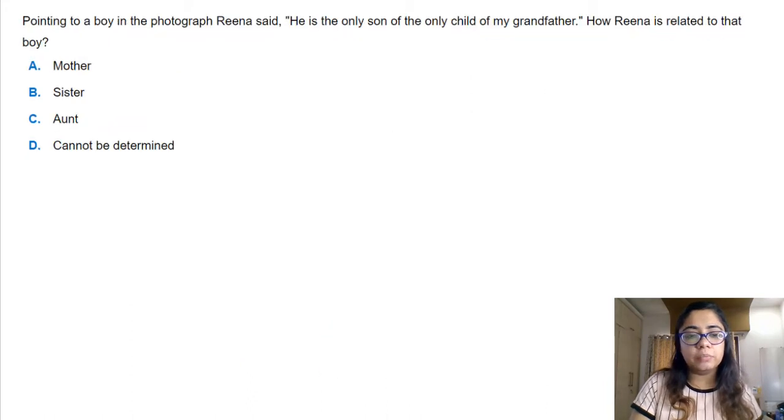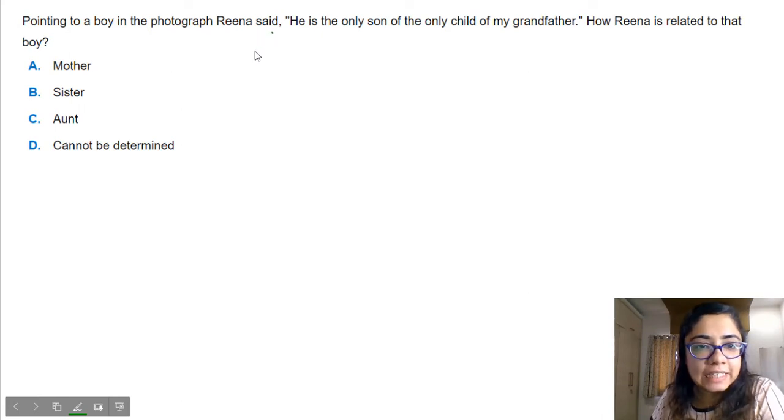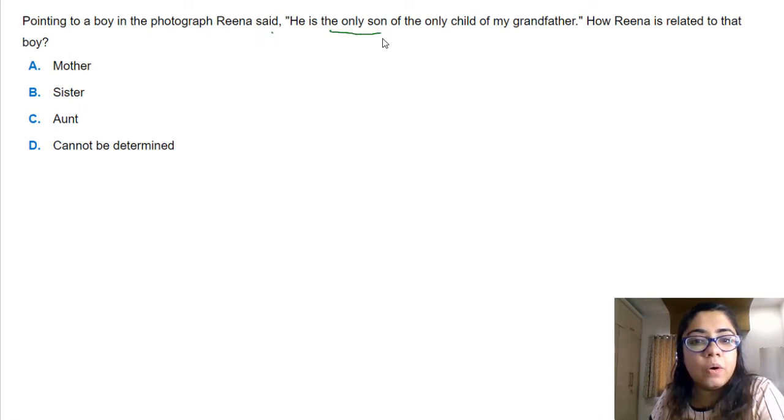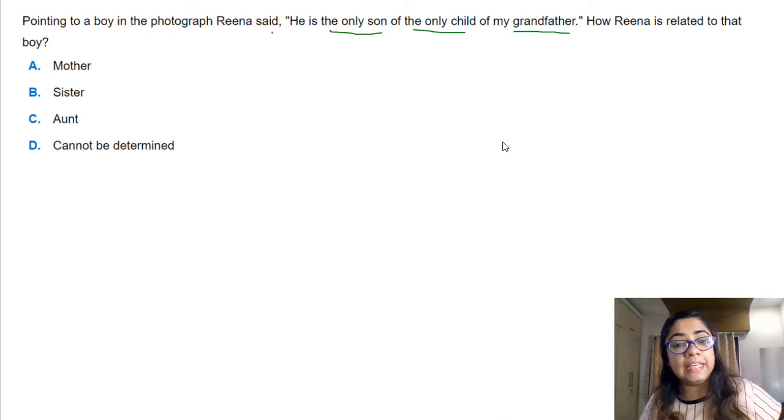Alright, chalo, moving on. Let's see what does it say. Pointing to a photograph, Reena said, he is the only son of the only child of my grandfather. How is Reena related to that boy? Pointing to a boy. So Reena is saying that he is the only son. Kiska son? Of the only child.